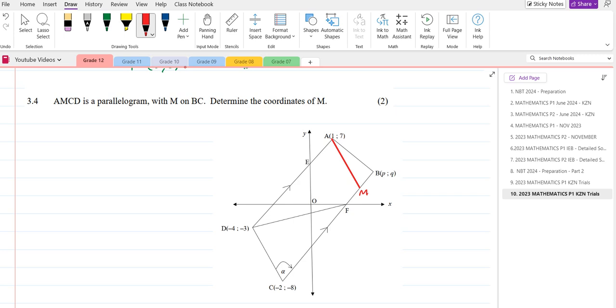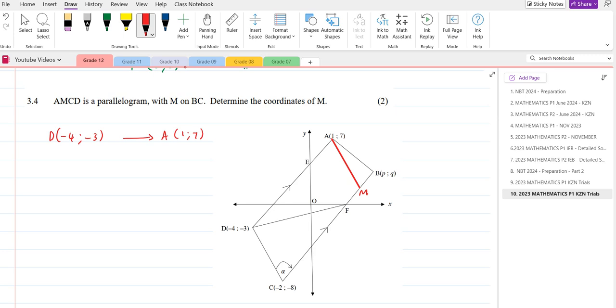Now we're going to use a slide method to check. So in a parallelogram, whenever you're finding the fourth coordinate, you can just use a slide method. So from D to A, how are we sliding from D to A? So D was -4, -3 to A, which is 1 and 7.